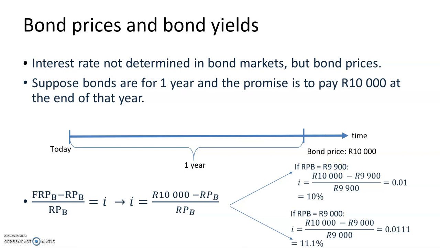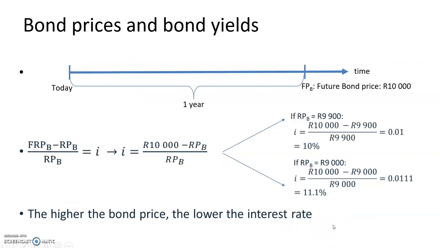So to calculate the interest rate, you're going to say 10,000 rand minus 9,900 divided by 9,900 is equal to 1% and not 10%. And then if the price of the bond is 9,000 rand, you're going to say 10,000 rand minus 9,000 rand divided by 9,000 rand, and that is equal to 11.1% per year. So what we're seeing is that the higher the bond price, the lower the interest rate.